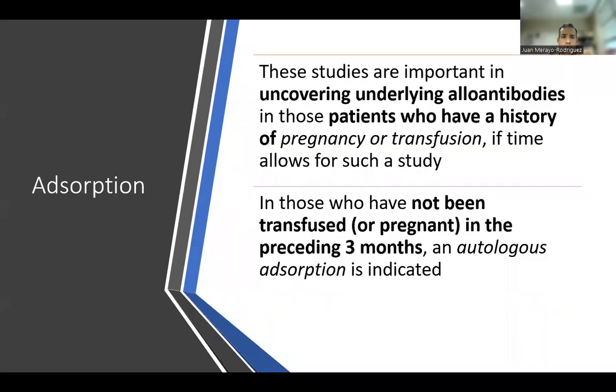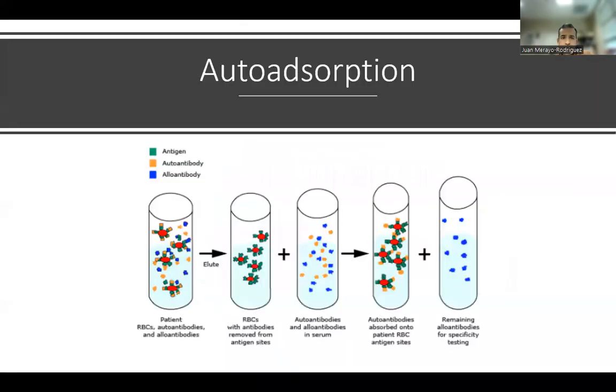Absorption. These studies are important in uncovering underlying alloantibodies in those patients who have a history of pregnancy or transfusion, if time allows for this study. In those who have not been transfused or pregnant in the preceding 3 months, an autologous absorption is indicated. Here you can see a graphic representation of the processing to perform these auto-absorptions.